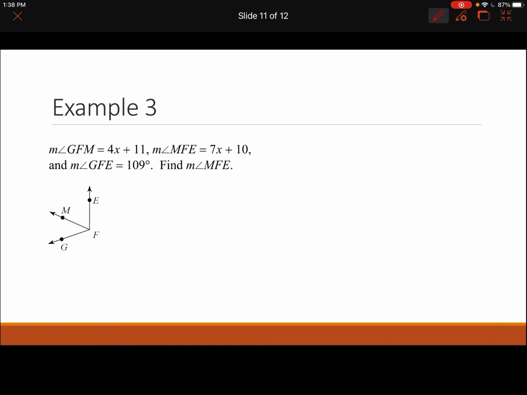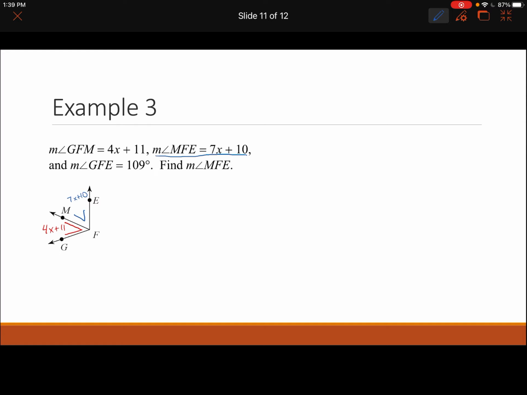For example 3, we're going to get into some basic algebra. We have angle GFM. So angle GFM, that is 4x plus 11. And then we have angle MFE. So angle MFE, we'll even underline that in blue, is 7x plus 10.